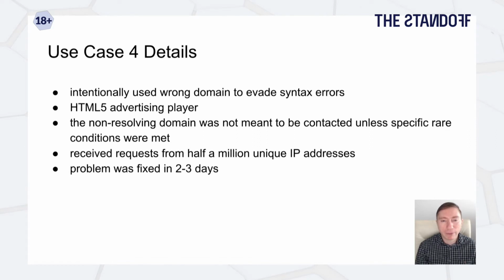Also something specific to Russia, and it was a list of advertising domains, and at the end they added a domain that looked more like random keystrokes on the keyboard, and was not meant to be contacted unless some rare conditions were met. And it happened that those conditions were met at some point in time.